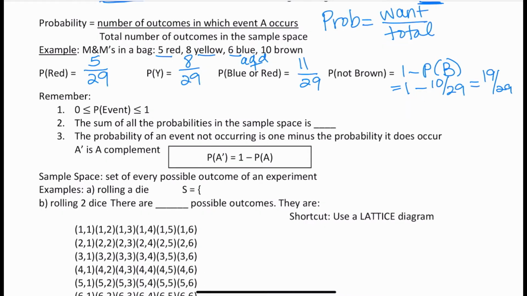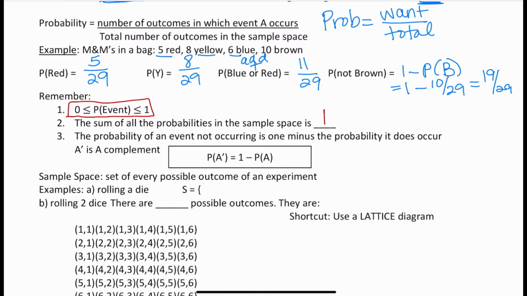A few things to remember. Probability of an event occurring is a number between 0 and 1 inclusive. If you were to add all of the probabilities in the sample space, it's always going to equal 1. The probability of an event not occurring is 1 minus the probability it does occur.